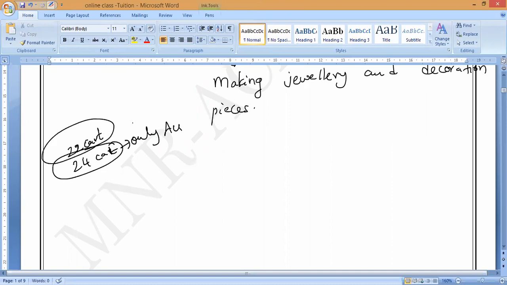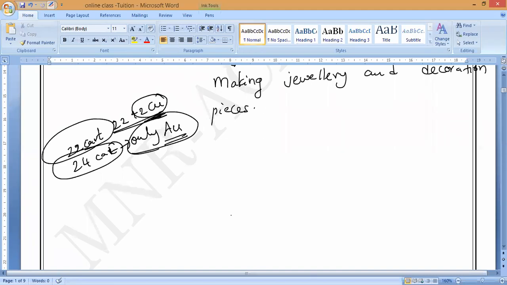But 22 karat means 22 parts of gold plus 2 parts of copper, to increase the strength. Pure gold will bend easily because it is soft in nature. So gold biscuits and all are stored in 24 carats, but ornaments are basically 22 carats, because they should be strong and have a long life.